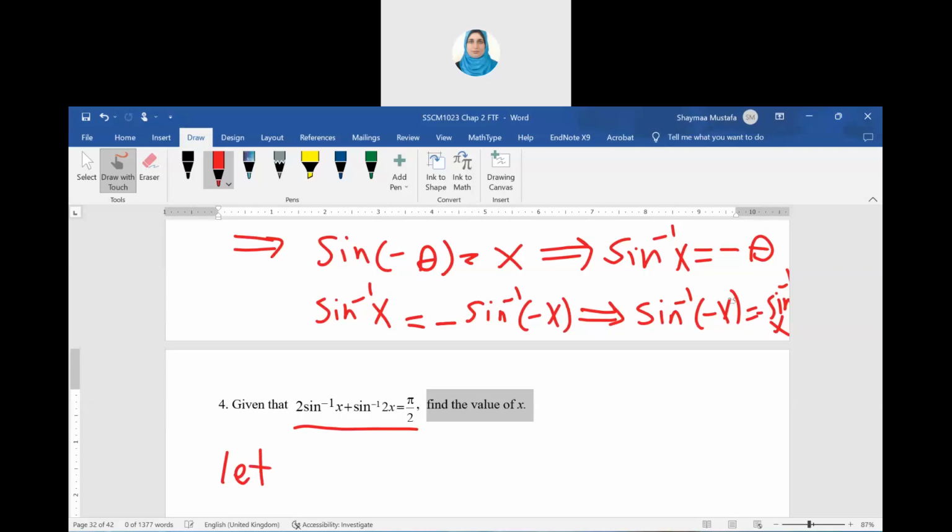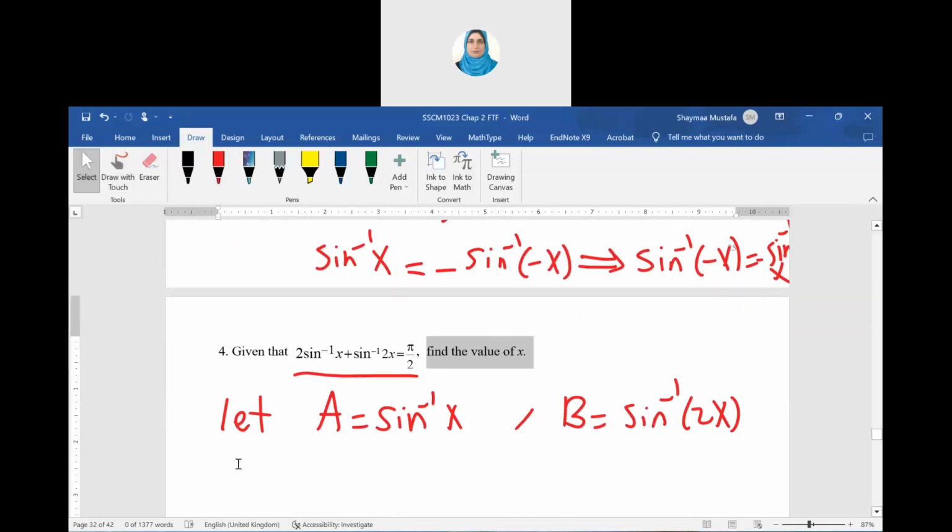So to simplify, I will assume a is equal to sine inverse x and b is equal to sine inverse 2x. I will replace sine inverse x with a, any symbol, and sine inverse 2x with b.